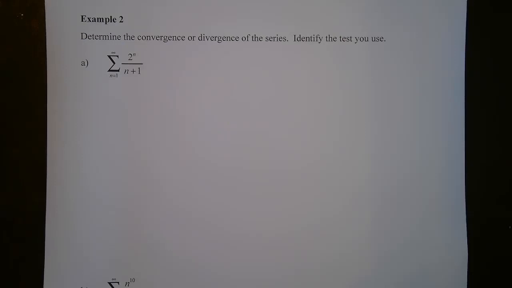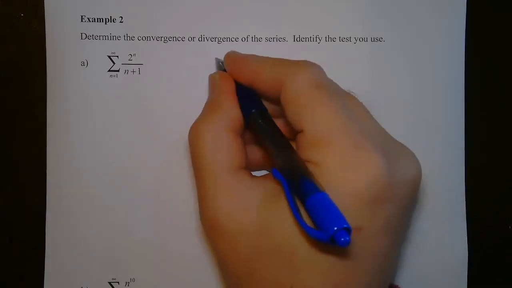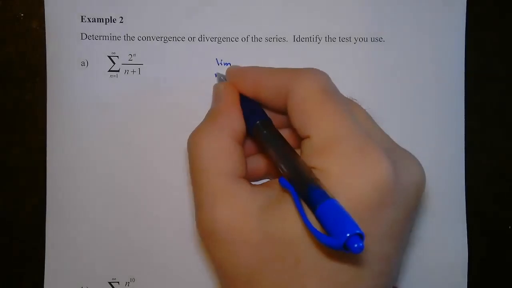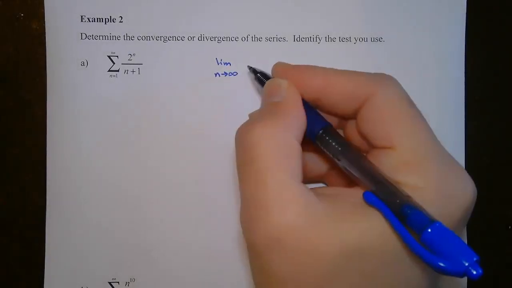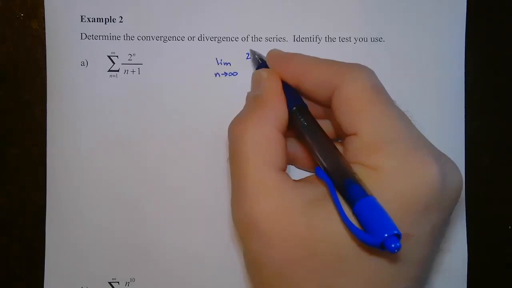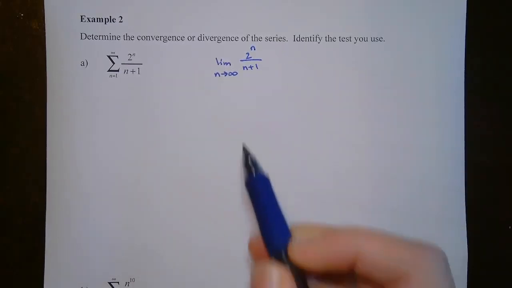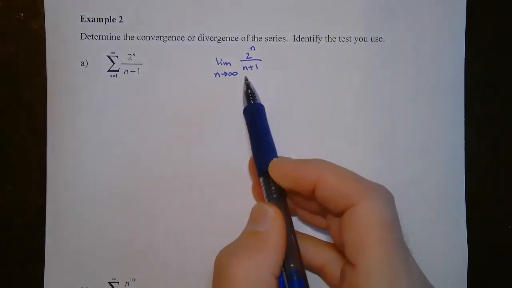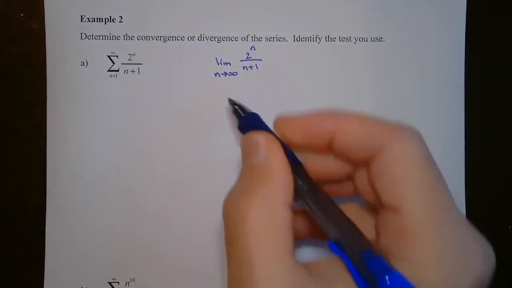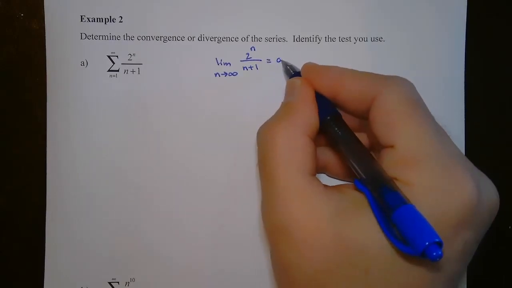So I'm thinking to use the nth term test to show that this thing diverges. What we want to do is find the limit as n goes to infinity of a sub n, which is the limit as n goes to infinity of 2 to the n over n plus 1. This is going to grow faster than n, so it just gets bigger and bigger, which means this is infinity.